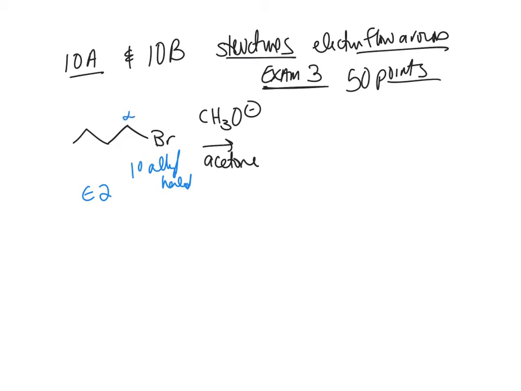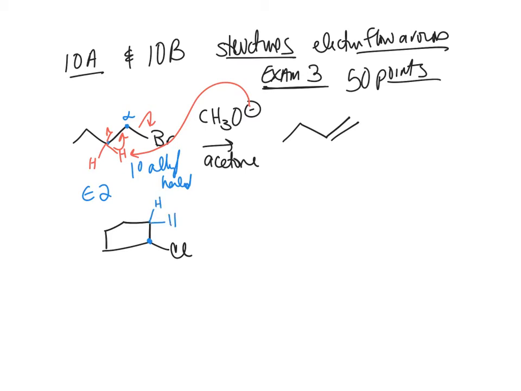So there's your alpha, and this is your beta, and I want you to draw the beta hydrogens in, and then you come here and you show your electron flow arrows, which are 3 of them, and then you got 1, 2, 3, 4. So there is your product. Most people got the product, so fine, but not everybody drew in their beta hydrogens and showed me the electron flow arrows.